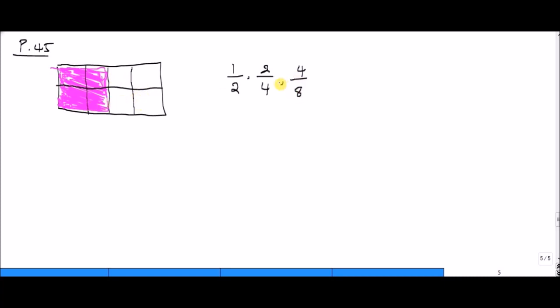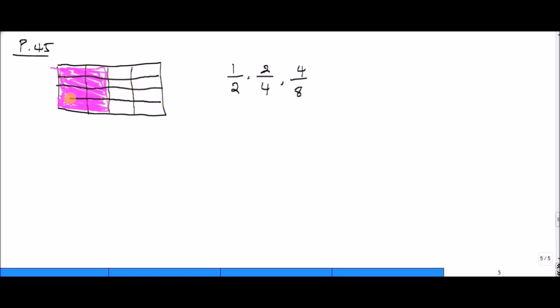So again, this is saying that a half is equivalent to 2/4, and a half is also equivalent to 4/8.